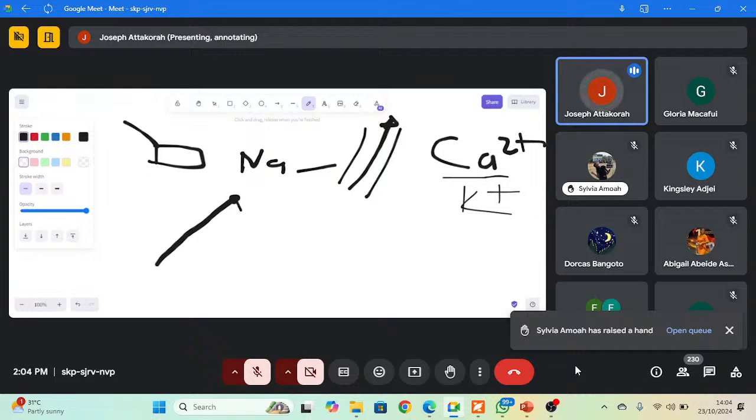But there's something here. Calcium influx, because we are causing contraction. When calcium opens, the channel opens, and the influx will also be more. So more calcium will be released.